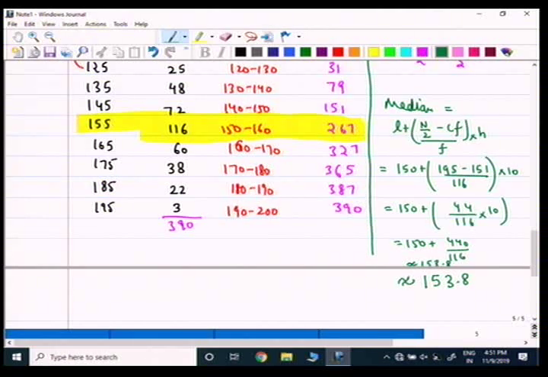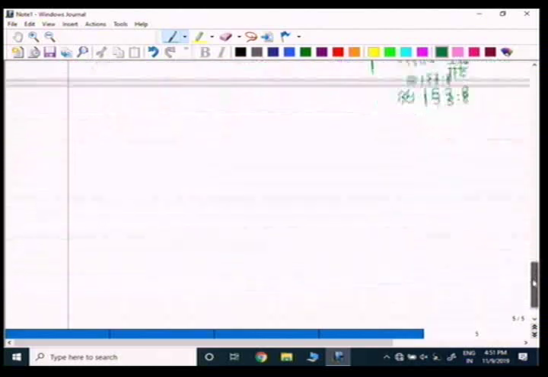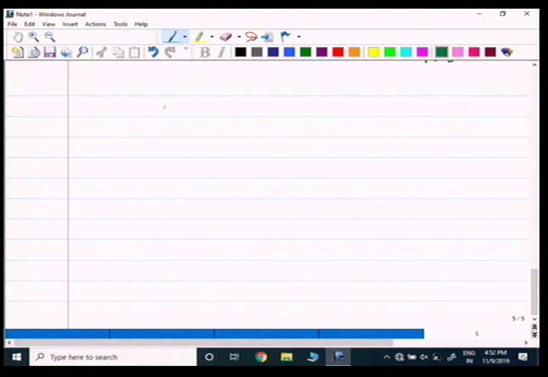Okay. Now, one more type, when the data is given in the less than type, again we have to find the median.